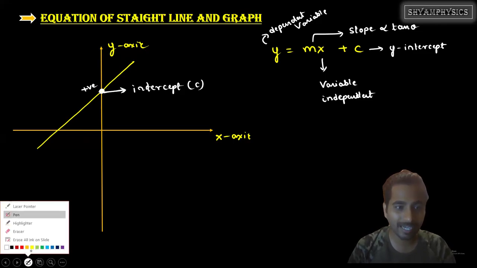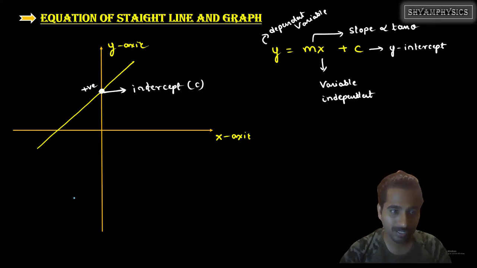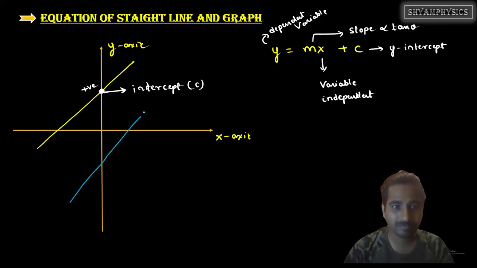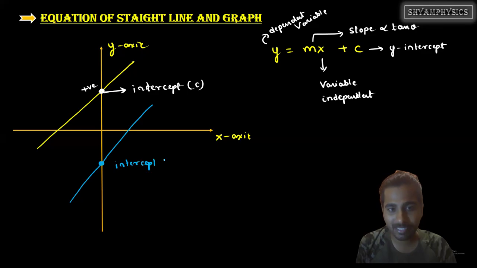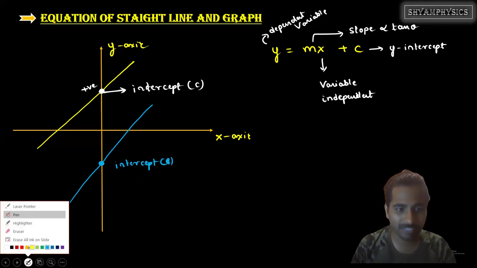In case the line is passing through here, this is also a straight line. Now check here, it cuts the y-axis, so the intercept is nothing but c. Will this value be positive or negative?